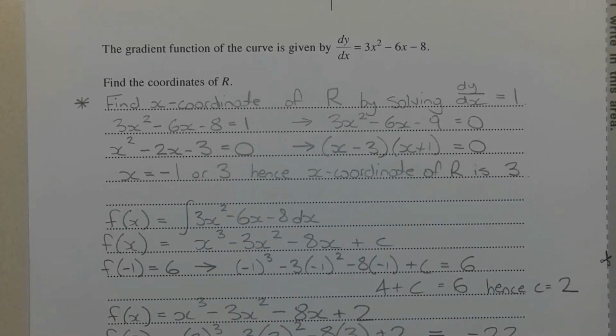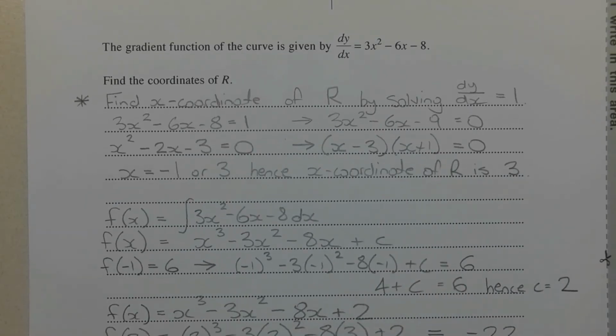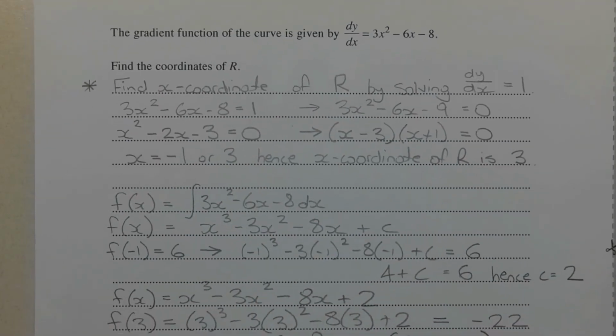So if we substitute negative 1 for x and 6 for f of x, we can then solve for the constant of integration c. So (negative 1) cubed minus 3 times (negative 1) squared minus 8 times (negative 1) plus c is equal to 6. And simplifying the left-hand side, we get 4 plus c is equal to 6, hence c is equal to 2.